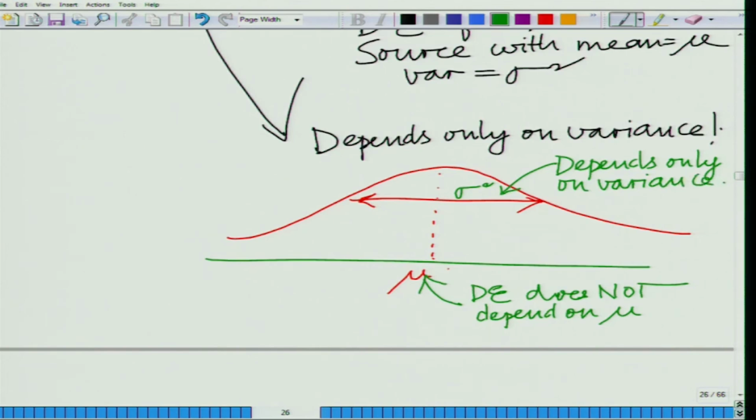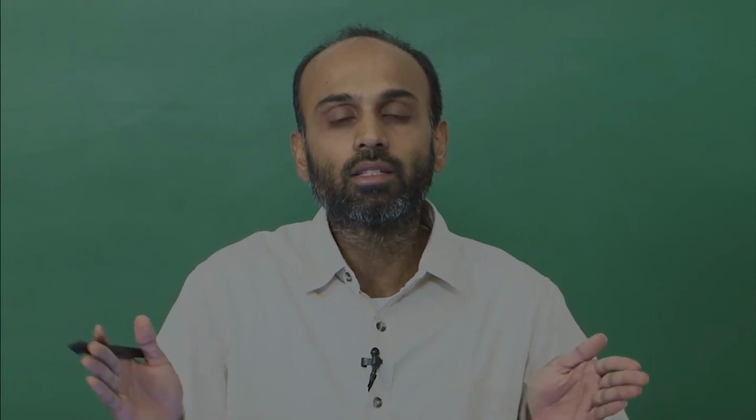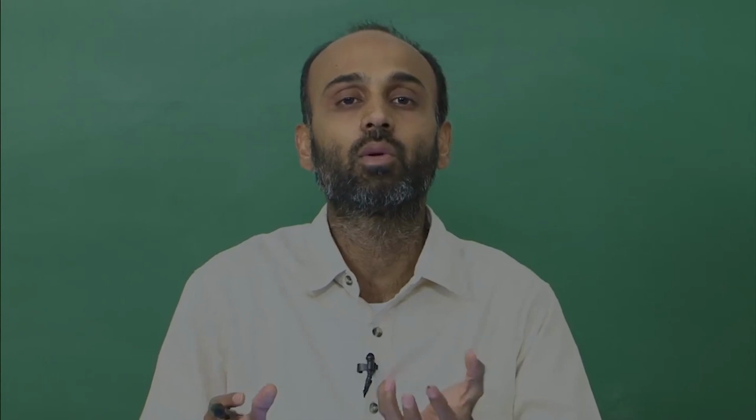It depends only on the variance, that is the spread, and you can see that half log 2 pi sigma square increases with variance. As the variance of this Gaussian increases, the randomness increases, the spread increases. When its variance is low, it is concentrated towards the mean. One can say that the randomness or the uncertainty of the source is low. As the variance increases, the spread around the mean increases, so the randomness of the source is increasing.